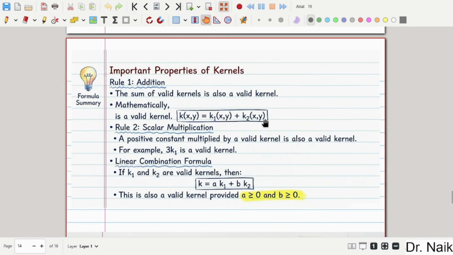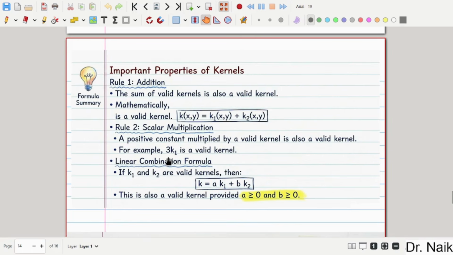Now the important properties of kernels: the sum of valid kernels is also a valid kernel. Mathematically, if k1 and k2 are valid kernels, then k of x, y is equal to k1 of x, y plus k2 of x, y. Another rule is scalar multiplication. A positive constant multiplied by a valid kernel is also a valid kernel.